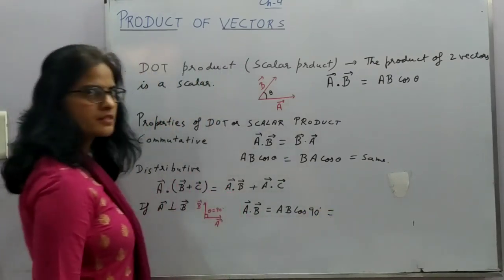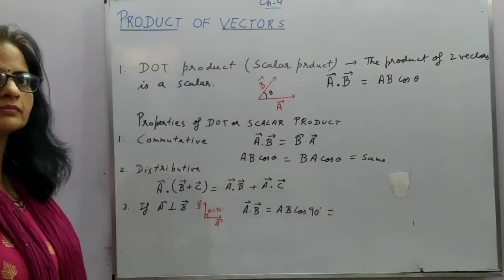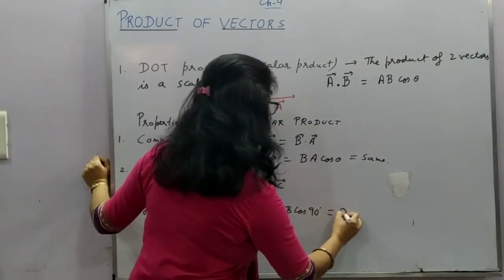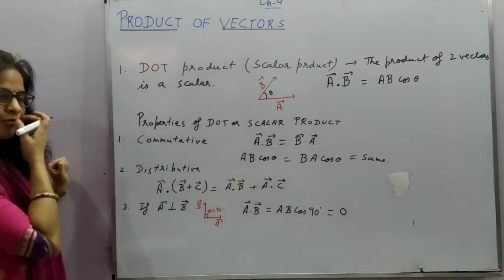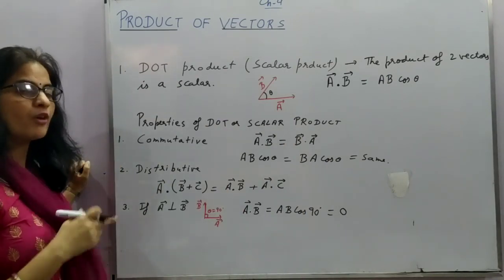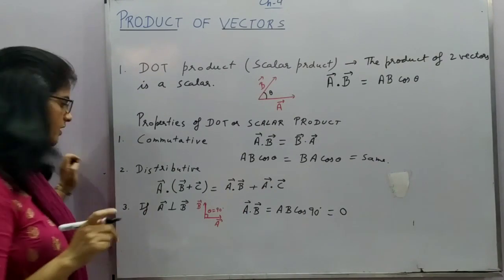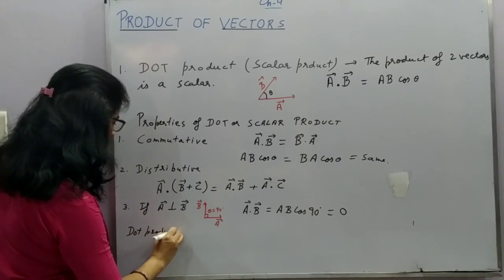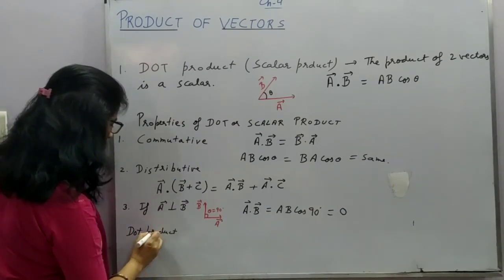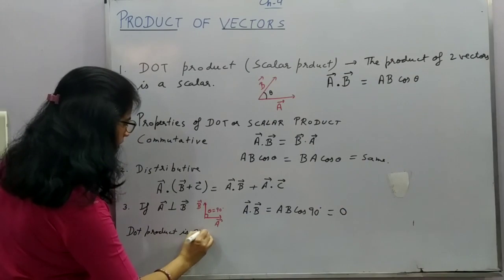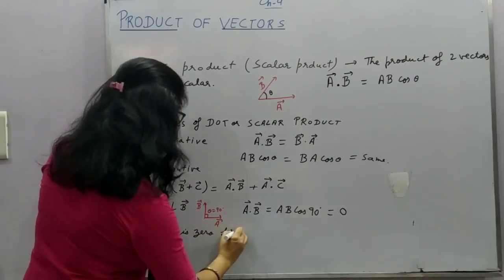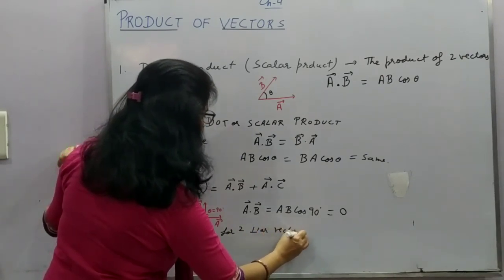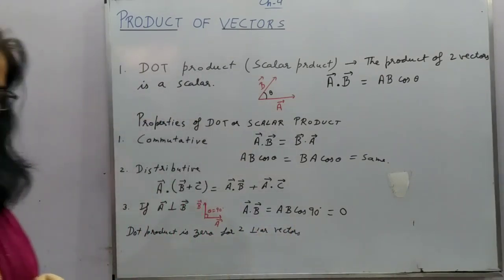So cos 90 is 0, right? So this is 0. So that means for two perpendicular vectors the dot product is 0. So we can say that dot product is 0 for two perpendicular vectors. No problem at all.